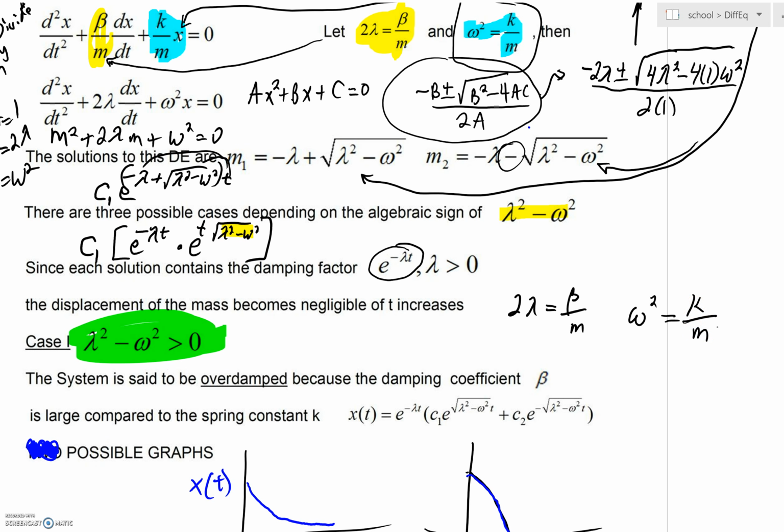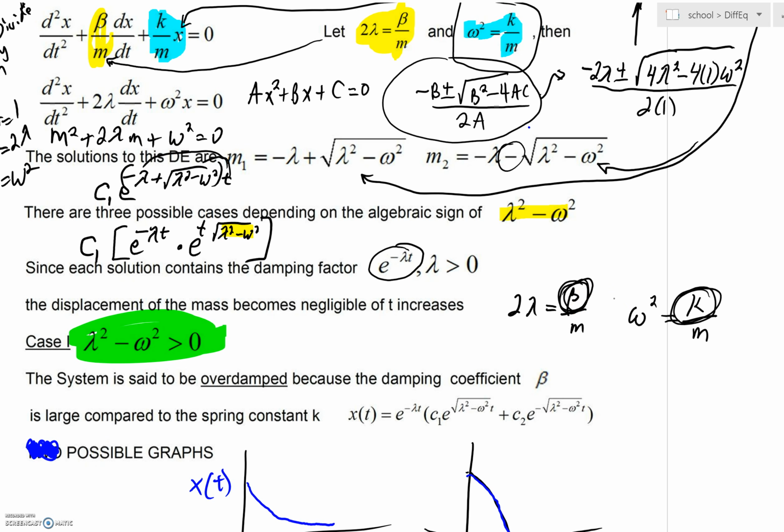If you're going to have lambda being larger than omega, and that's what's going to happen when you're squaring lambda to be larger than omega squared, you want lambda to be greater. That means that really at the end of the day, this beta has to be large compared to this k. So we would want beta to be larger than the k.